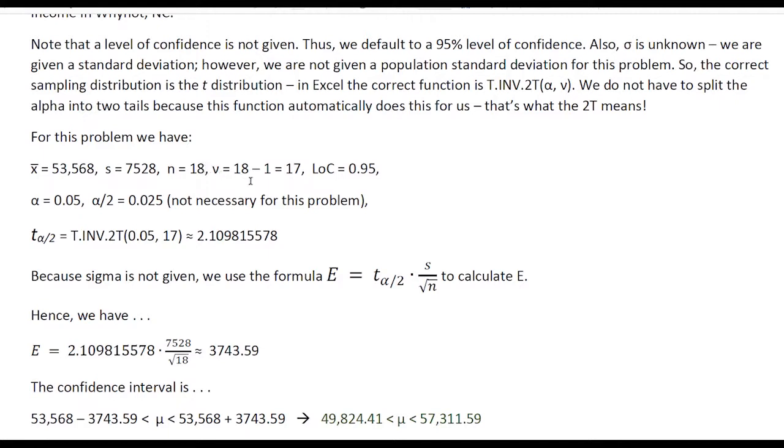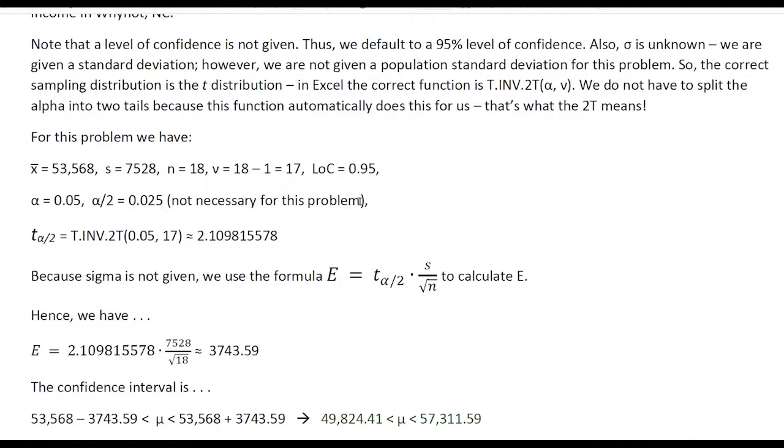Nu is equal to 18 minus 1, or 17. My level of confidence is 0.95. Alpha equals 0.05. Alpha over 2 equals 0.025.